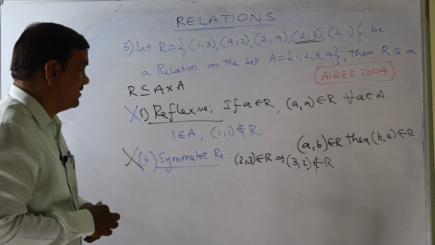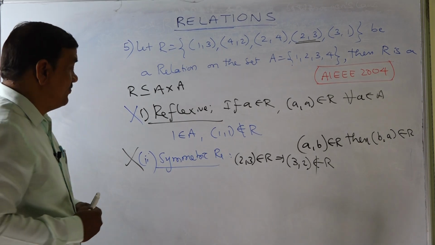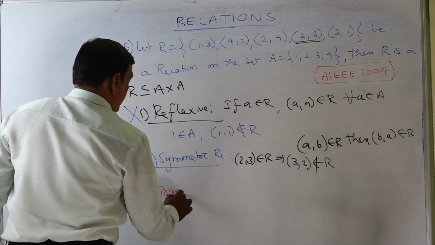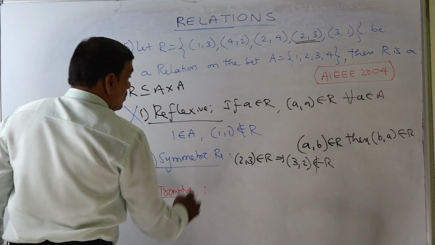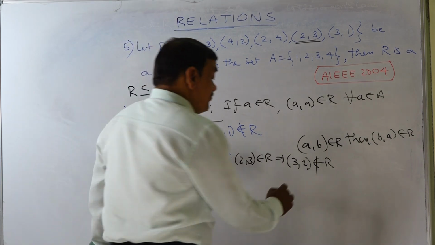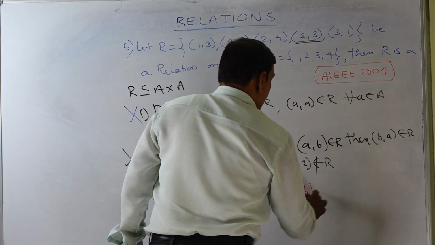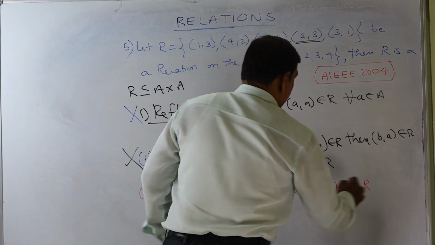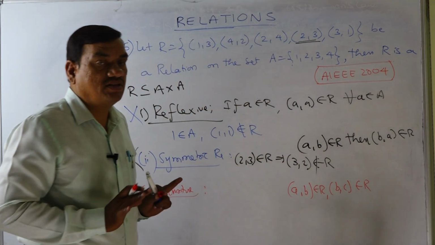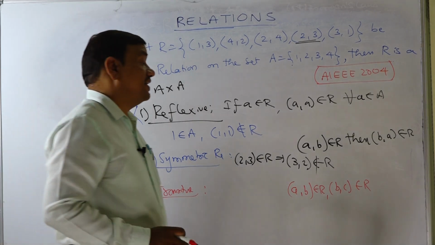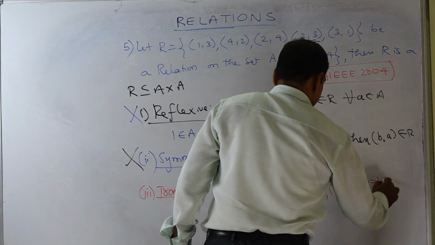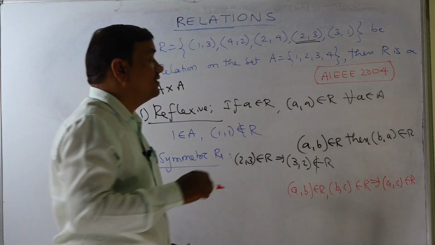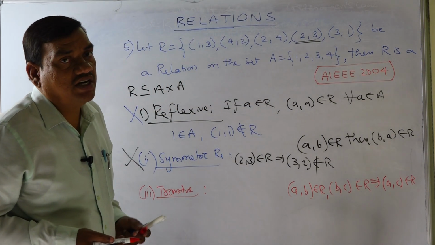R is not symmetric. Let us check for transitivity. What does transitivity say? If A comma B belongs to R and B comma C belongs to R, that means A comma B is there, B comma C is also there, then A comma C must also belong to R. If it belongs to R, then it is transitive, otherwise it is not transitive.